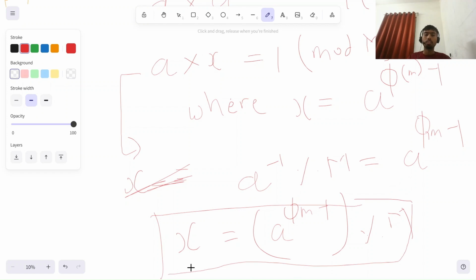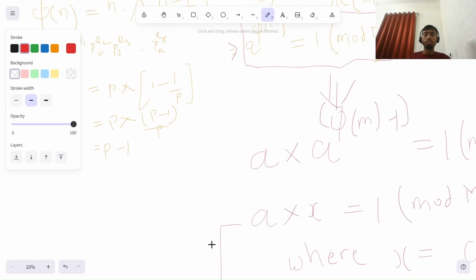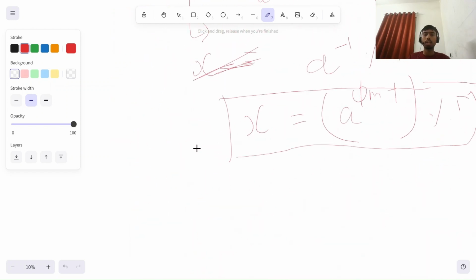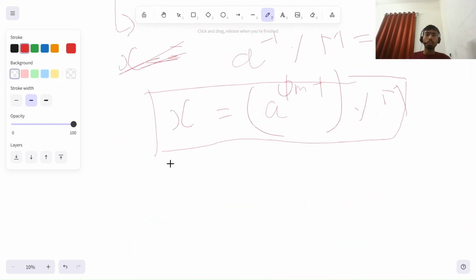That is your final answer from the Euler-Totient theorem. So we already got the value of x for this equation. Now can we prove Fermat's Little theorem using this result? Yes, we can. We already know that m is a prime number for Fermat's Little theorem.